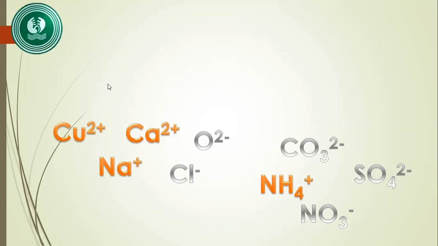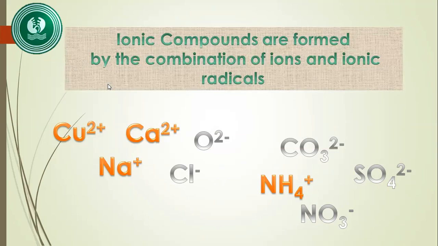So why are we studying this? You should clearly notice the ionic compounds. Ionic compounds can be formed by combining a simple cation and an anion, each from one element. For example, sodium chloride and copper oxide or copper chloride.